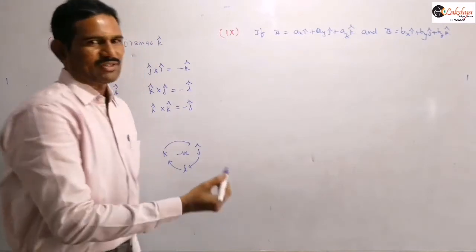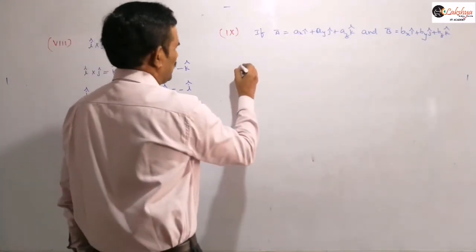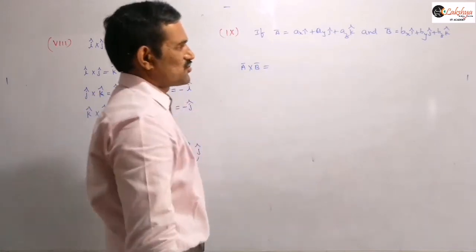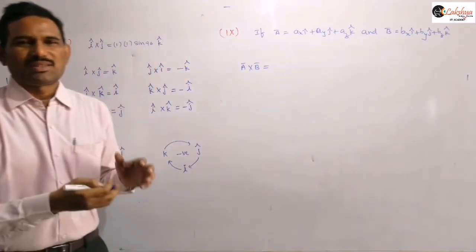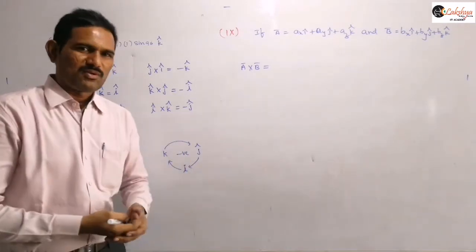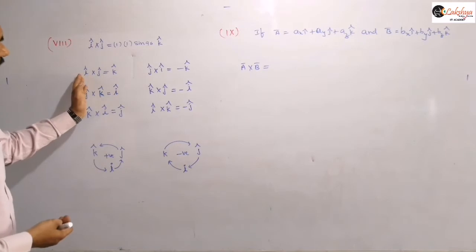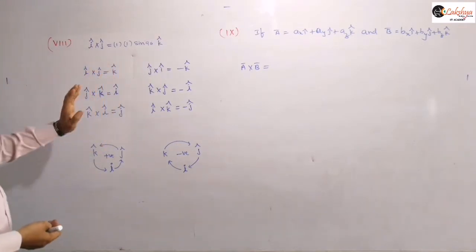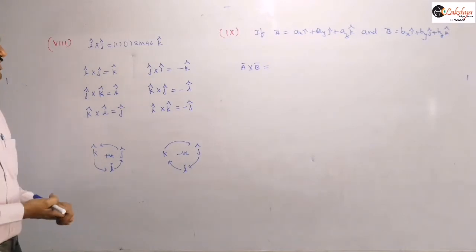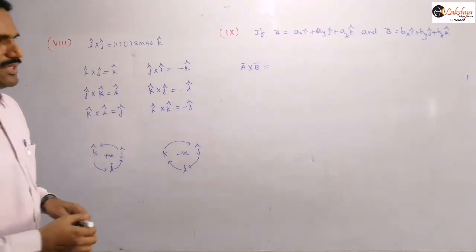If you are taking the vectors in that form, then a bar cross b bar can be expressed by multiplying each term: i cap cross i cap is 0, you can substitute from our previous discussion. When you get i cap cross j cap you can write k cap, and if you get k cap cross i cap you can substitute j cap, like that. But it will be a lengthy process.